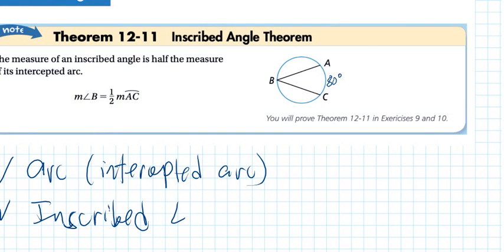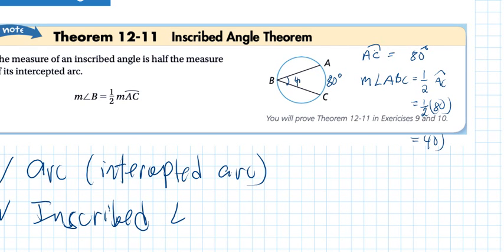Given is that arc AC is equal to 80. What is the measurement of angle ABC? Half of 80 degrees. It's going to be 1/2 of the arc AC, which is 1/2 of 80, equal to 40. Got it? That's your 40.